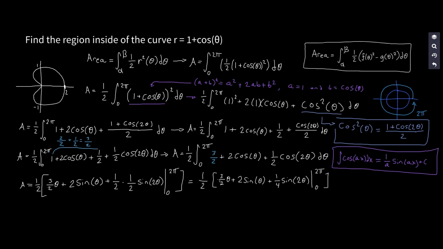At this point, I'm going to evaluate what's inside the brackets. I could distribute, but I think I'm just going to evaluate what's in the brackets really quickly, using the fundamental theorem of calculus part 2. What this tells me is that everywhere I see a theta, I plug in pi.